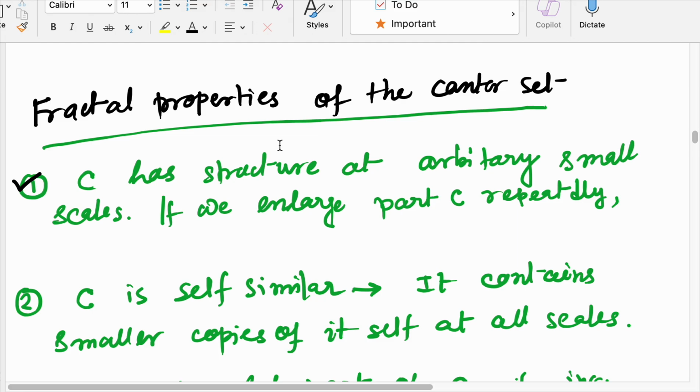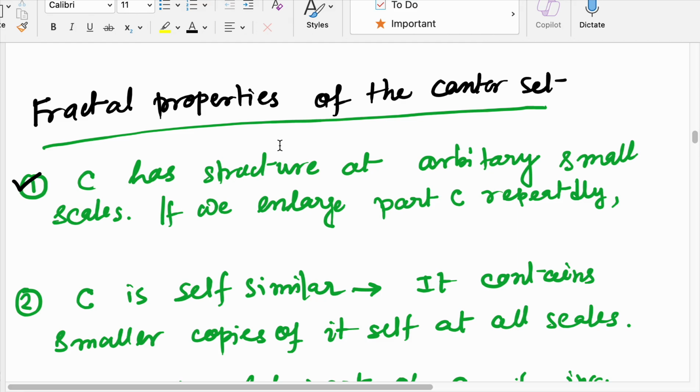This is the first property of fractals, which is in contrast to the normal 2D plane. For a normal 2D plane, if I zoom into a smaller region, I will find that no structure is there. Every time it looks more and more like a plane, with no complicated structure.